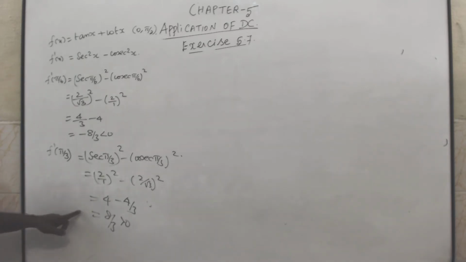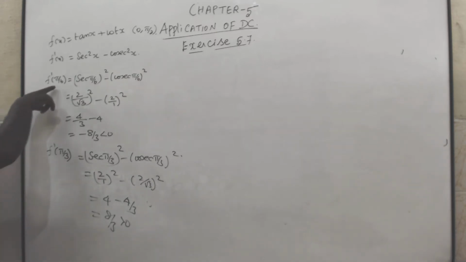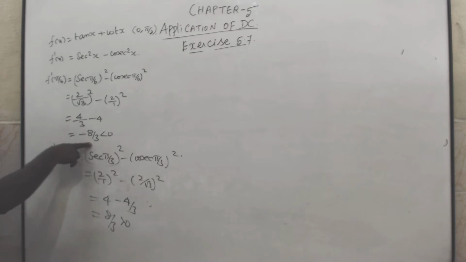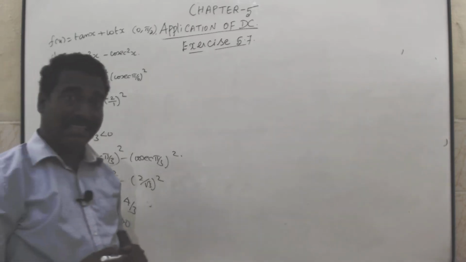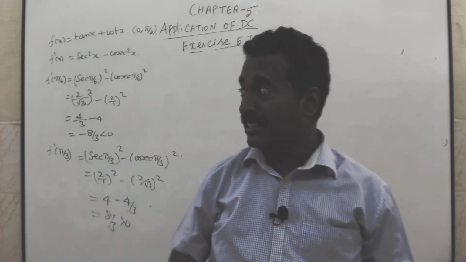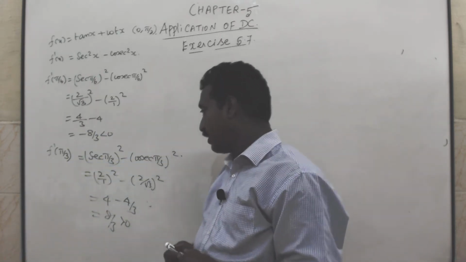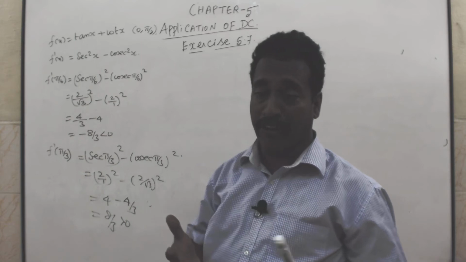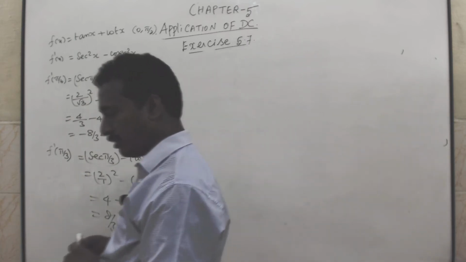Therefore, function is not monotonic because f dash of pi by 6 is negative and f dash of pi by 3 is positive. f dash has different sign at x is equal to pi by 6 and x is equal to pi by 3. Therefore, f of x is not monotonic.